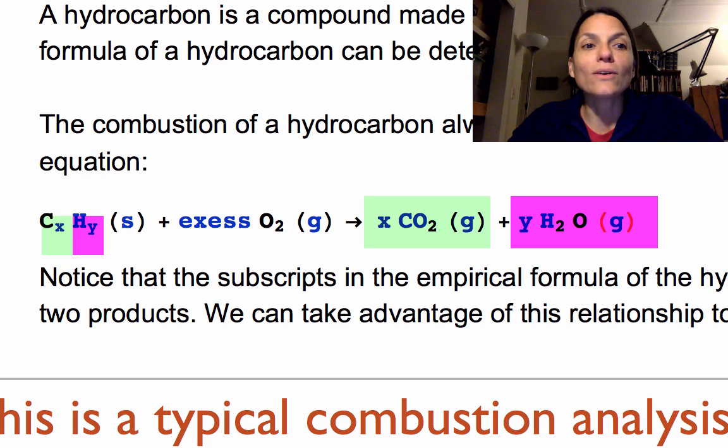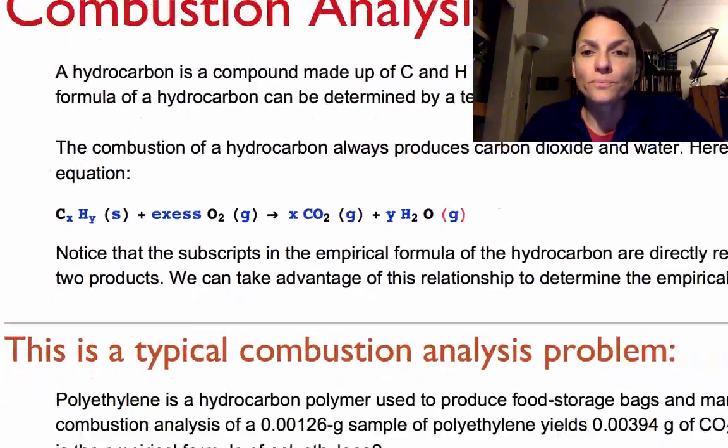Likewise, the coefficient for the water that's produced is also related to the subscript for the hydrogen. So taking advantage of these relationships, we can use the data about the mass of carbon dioxide and the mass of water produced to work backwards to figure out the chemical formula of the hydrocarbon itself. So let me show you how this works.